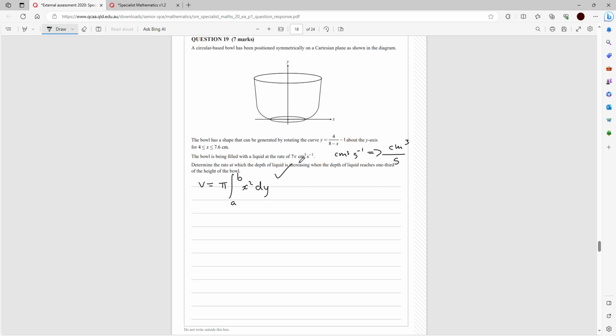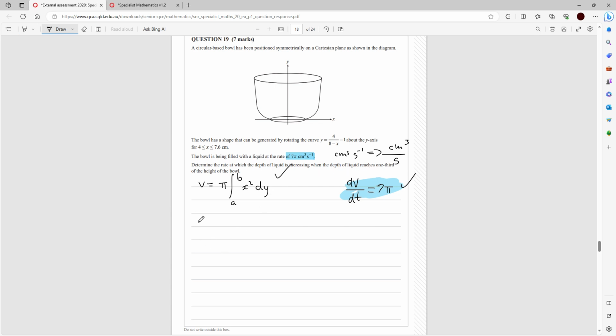Now, let's see what this is. When you're given centimeters cubed on seconds, you're actually given a dV on dt. You're given a rate at which volume is changing with respect to time. So dV on dt is 7 pi, pretty much. You're given that straight away from its units. Righto. Determine the rate at which the depth is increasing when it's at 1/3.